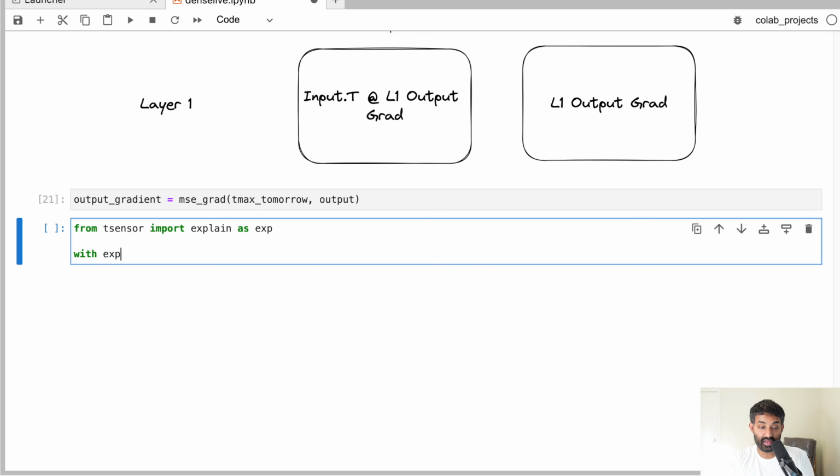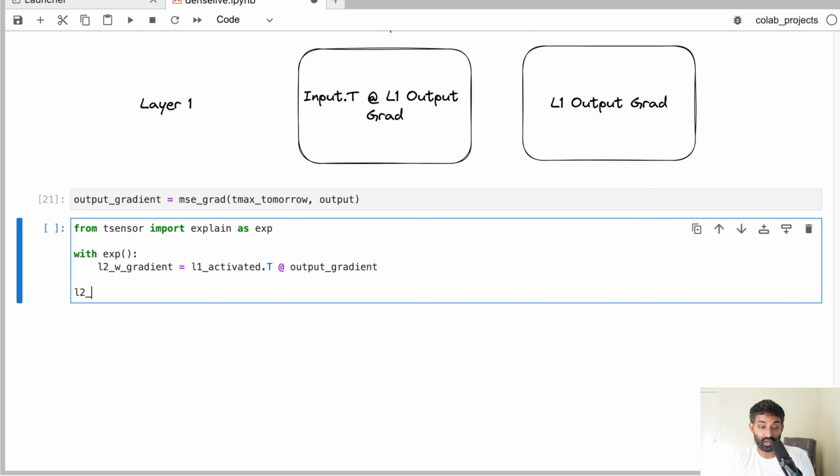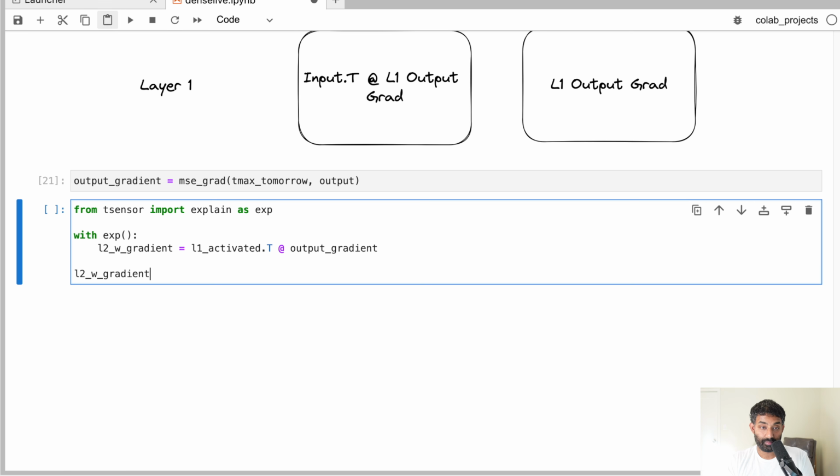And I'll say with exp, define our layer 2 weight gradient as the output of layer 1 after the nonlinearity, after ReLU is applied, multiplied by the output gradient. And then we can take a look at our layer 2 weight gradient, see what it looks like.